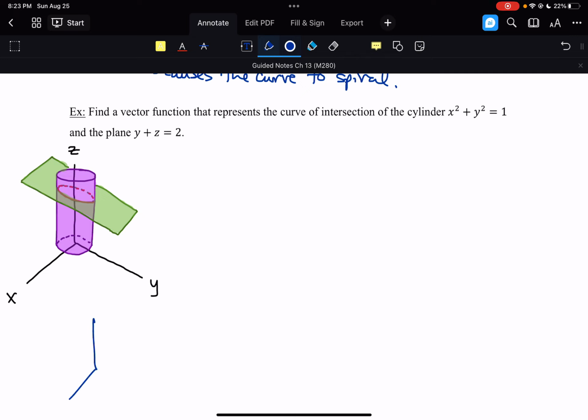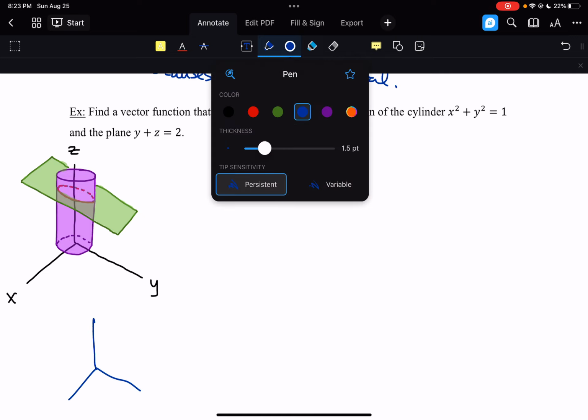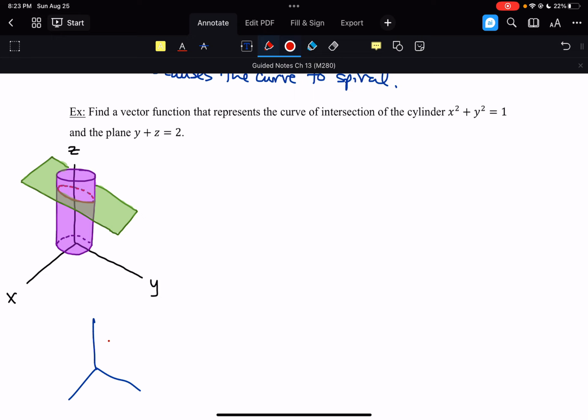So we end up with something that looks kind of like this, where it's a little bit lower on that side than it is on this side. And we're trying to find the equation of this curve right here, going around like that.